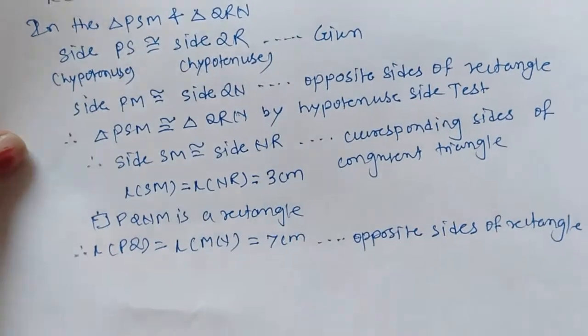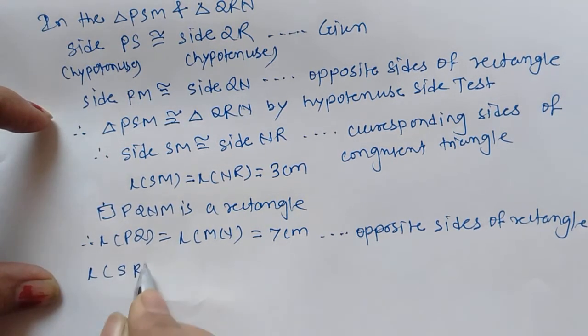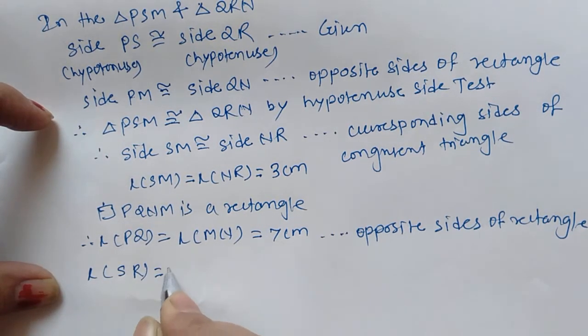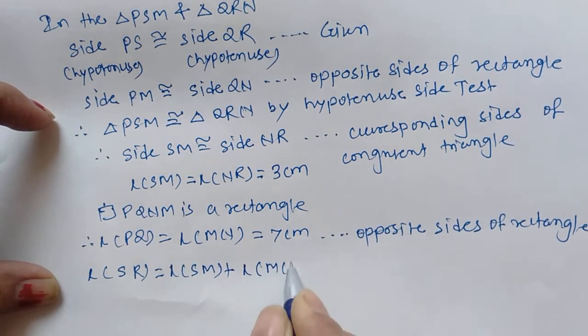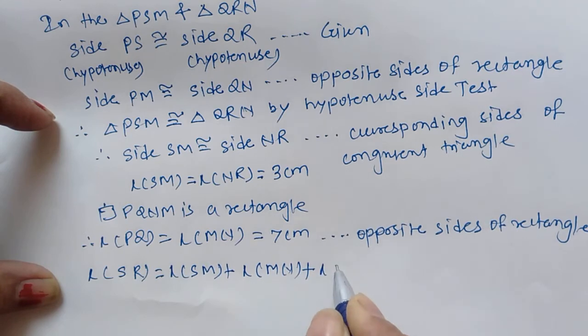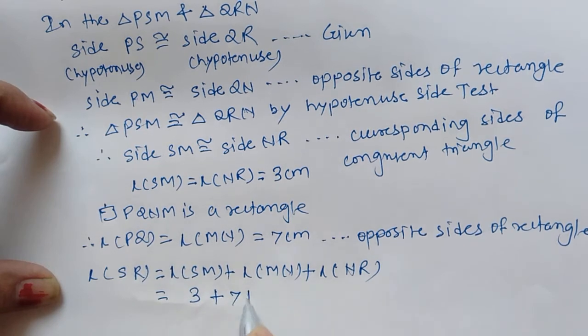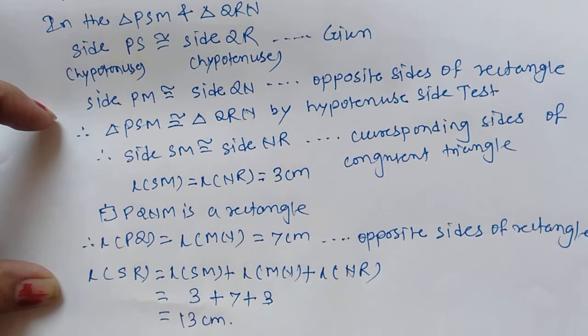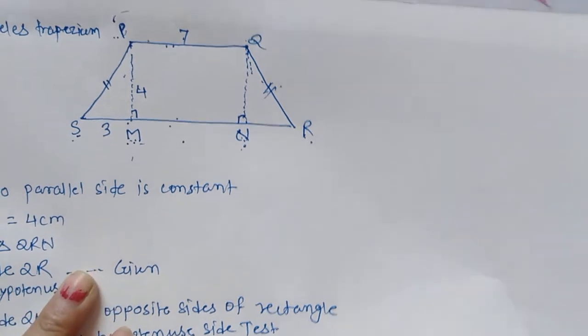So the length of SR is equal to length of SM plus length of MN plus length of NR. So put up the values here. 3 plus 7 plus 3. So it is 13 centimeter.